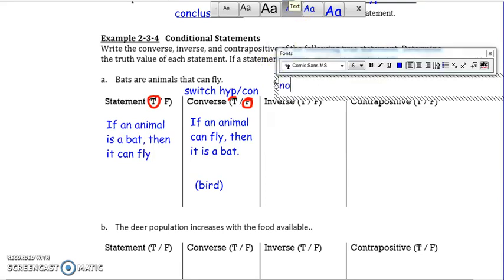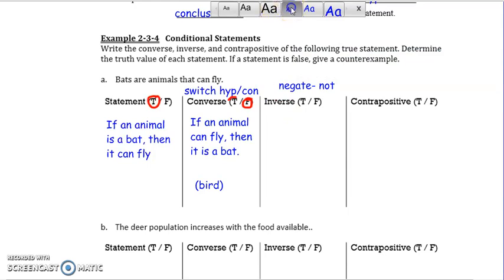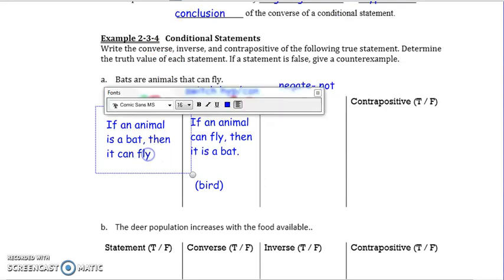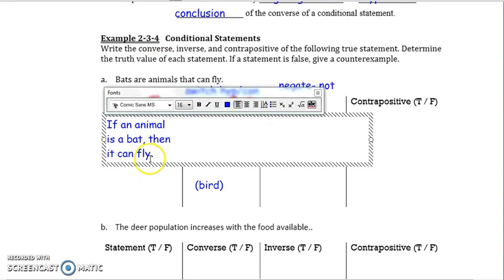For this one we're going to say not, so we're negating. Okay, so we're going to leave it as if an animal's a bat, then it can fly, but we're going to change it to where it's saying not.